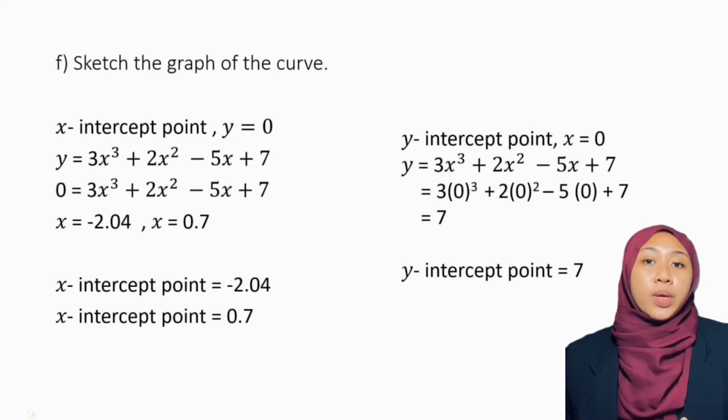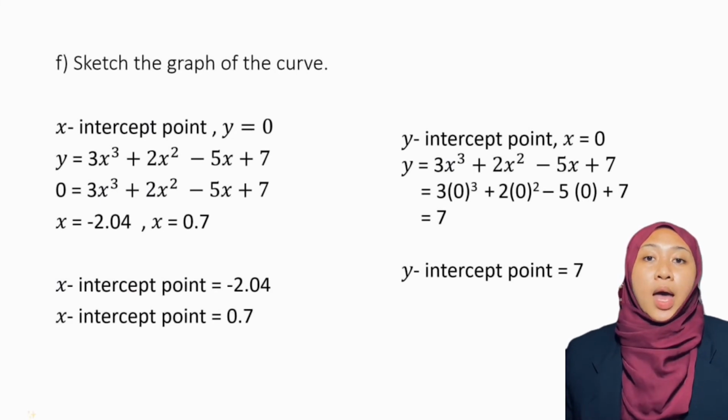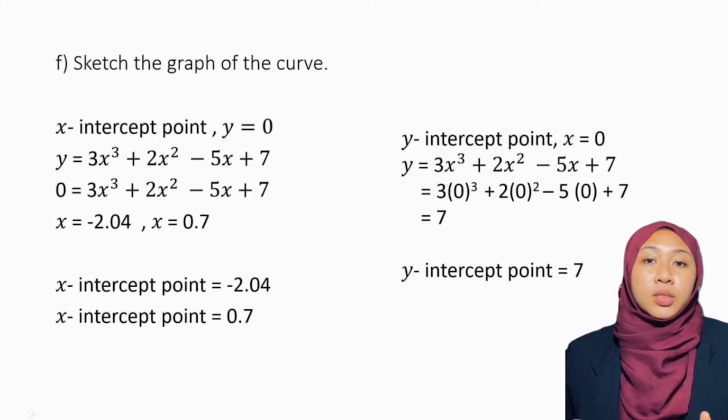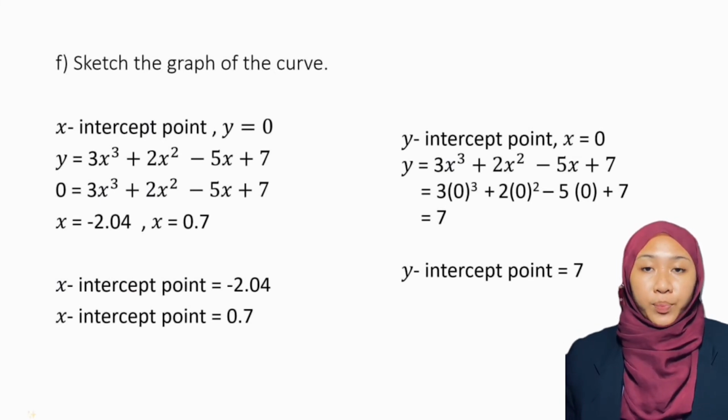The answers are x equal to negative 2.04 and x equal to 0.7. The first intercept point is negative 2.04 and the second one is 0.7.